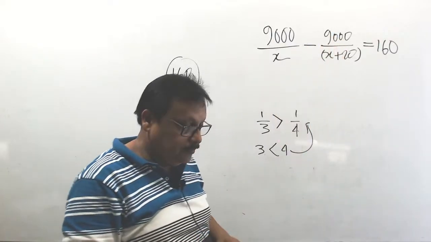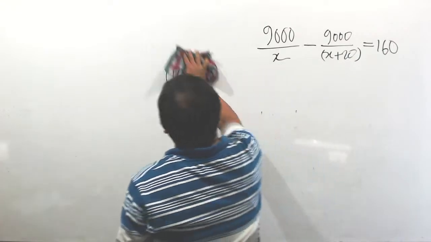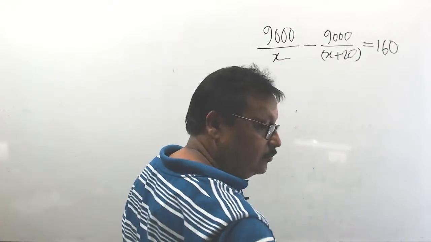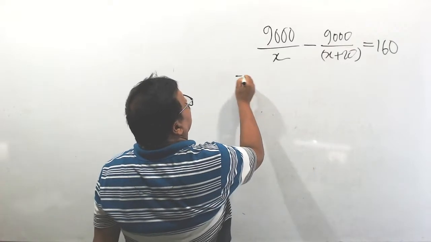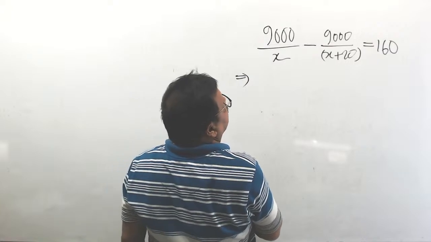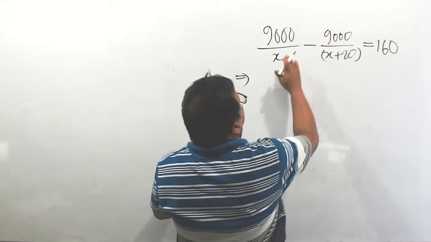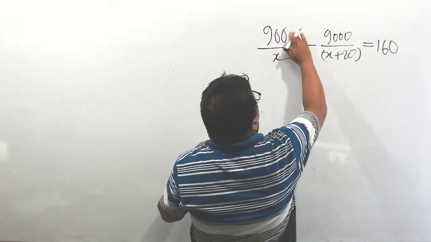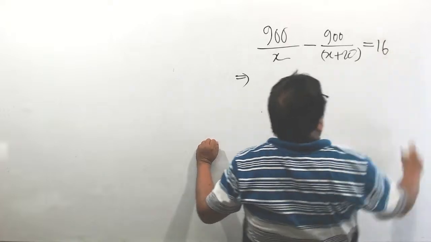How will you solve? Divide both sides by 10. Understood what I am doing here? You do it in your copy. Next line.